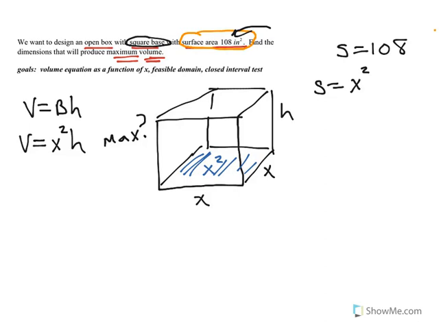We don't have the top surface. We don't have a lid on it. If we did, it would be 2 times x squared, because you'd have a top and a bottom, plus the surface area for the walls. If you look at this wall, on the right hand side, that's going to be x by h. And then you're going to have 4 walls going around: the back wall, the left hand wall, and the front wall. So you're going to have xh times 4, so 4xh.